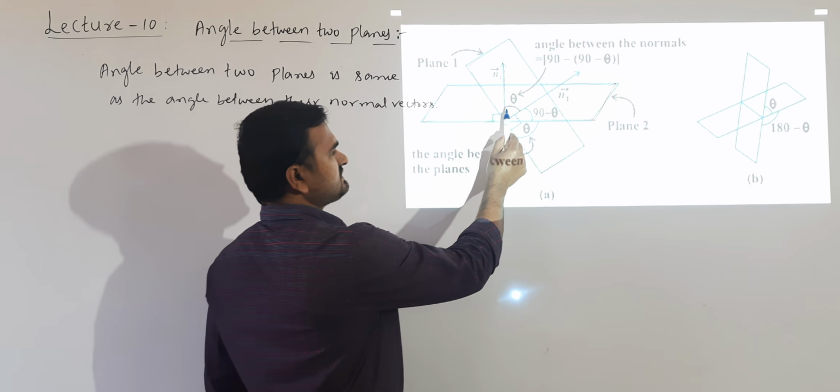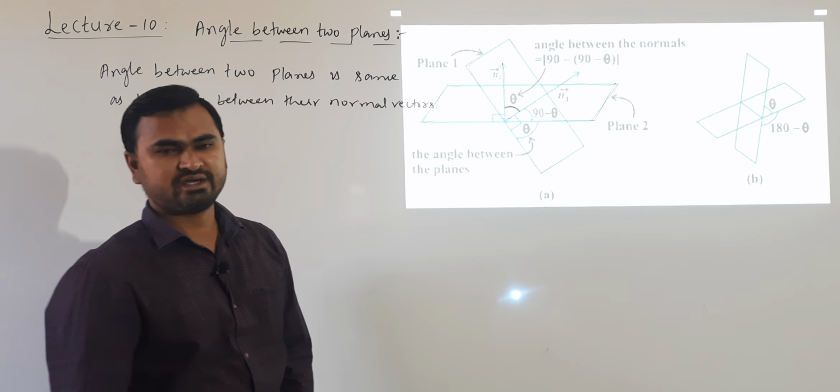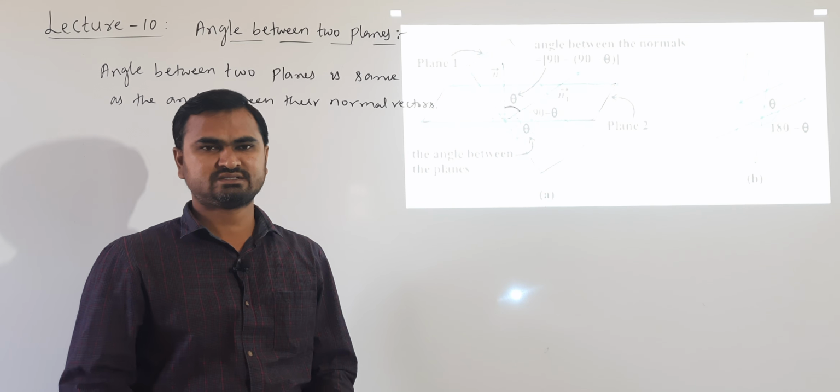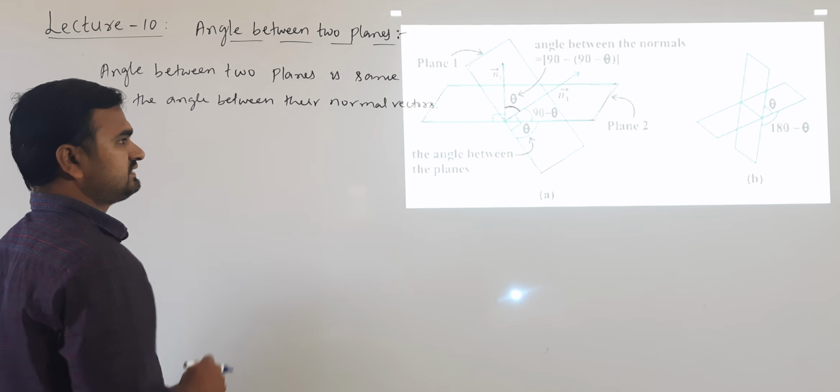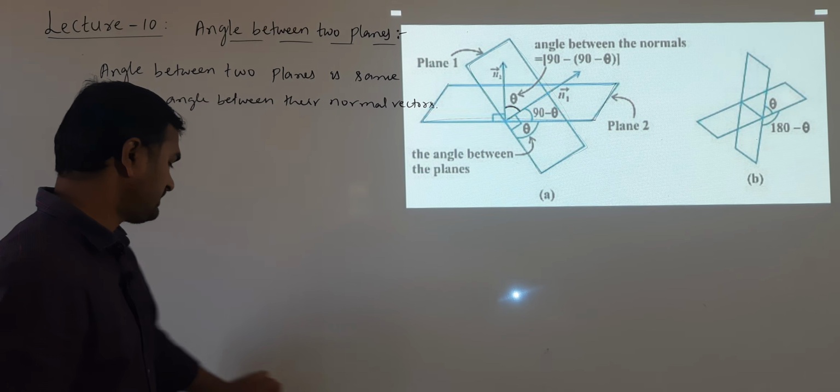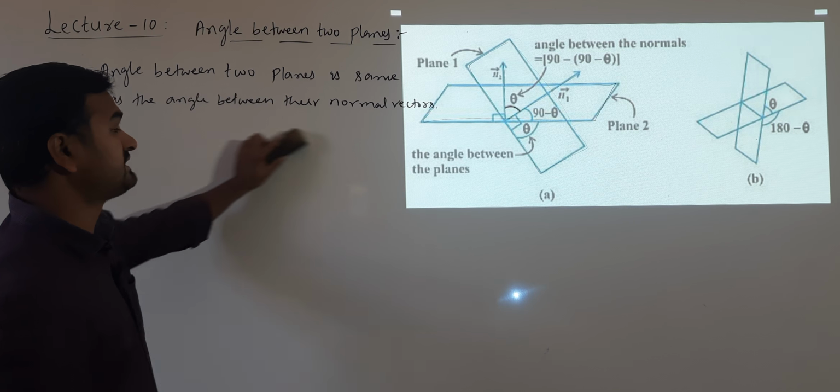So n1 bar and n2 bar we know, and we can take the angle between them as the angle between the required planes. First we write in vector form, then we write in Cartesian form.